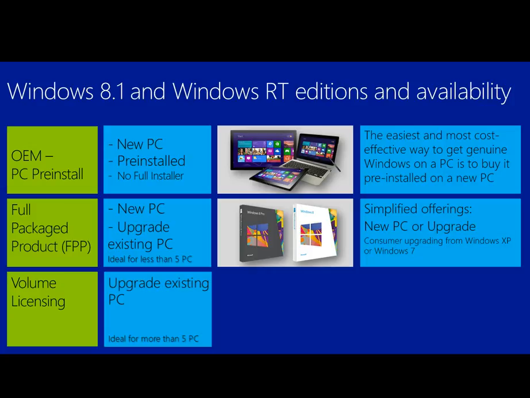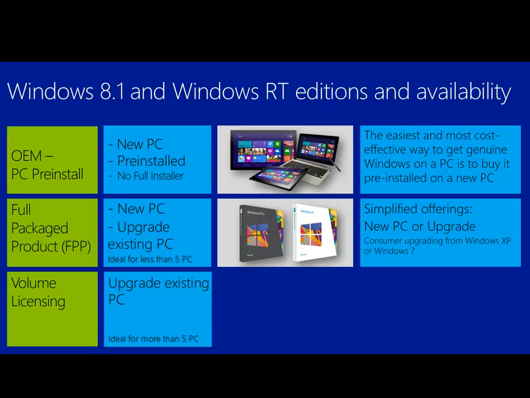And there's a reason why some customers would buy FPP, even though you have to install it one by one and you have to keep the boxes. Because one of the benefits of FPP versus OEM is that FPP is transferable. So see the differences? That's the reason why I'm showing you when to buy OEM for new PC or get FPP for new PC.